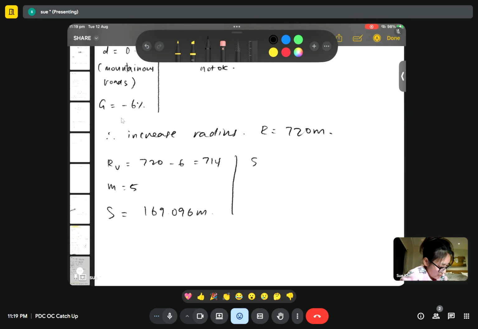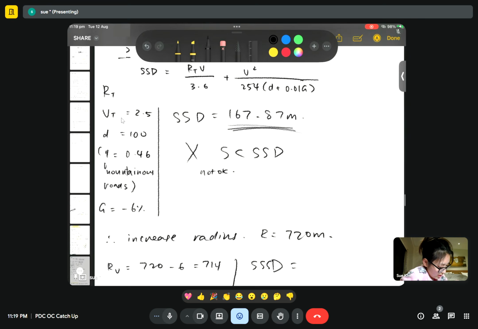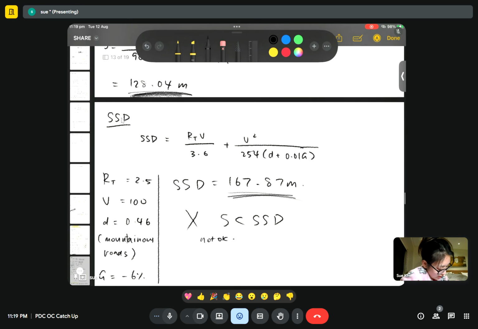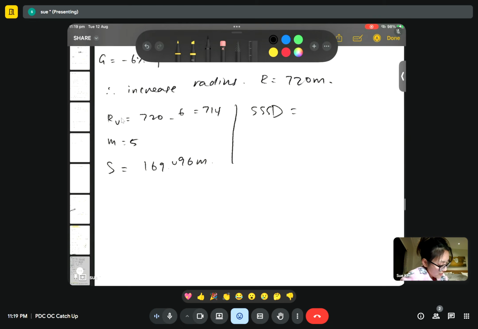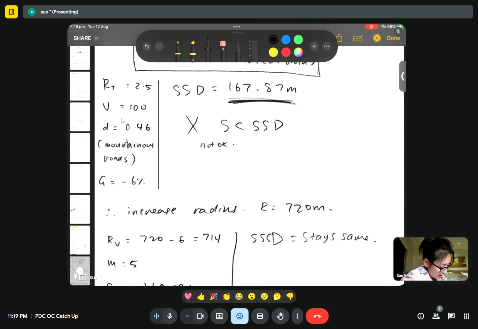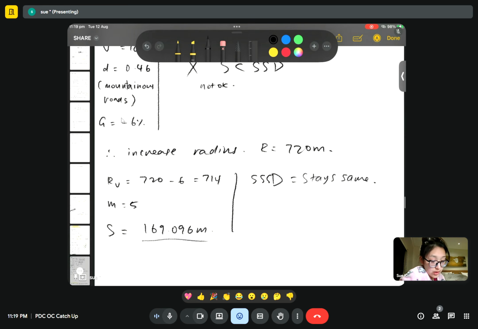And the SSD, in the formula, none of the variables change, right? The speed hasn't changed, the reaction time hasn't changed, the grade hasn't changed. So it stays the same. So 167 compared to 169, that means I can stop in time now.